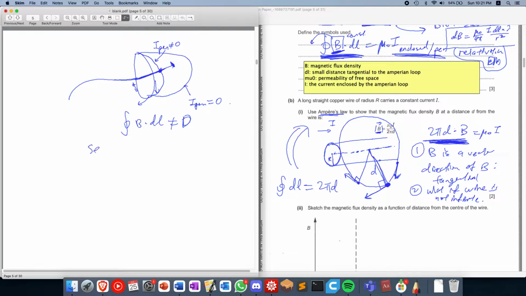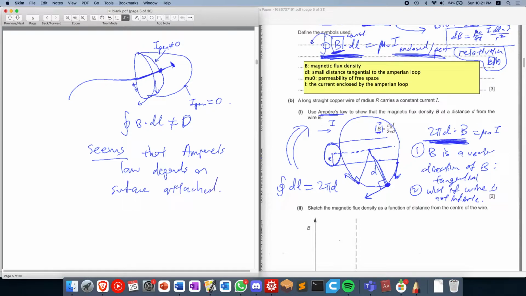So it seems that Ampere's law depends on the surface that we attach.